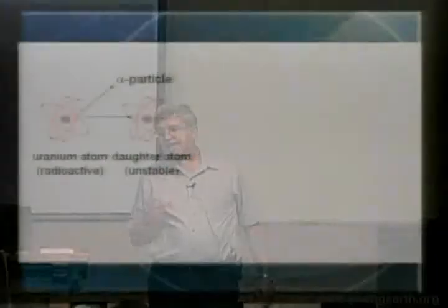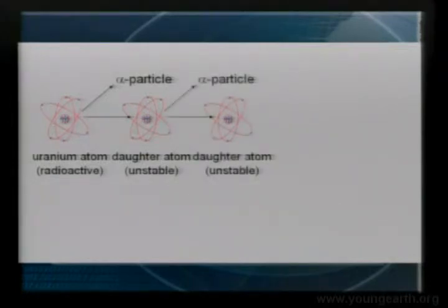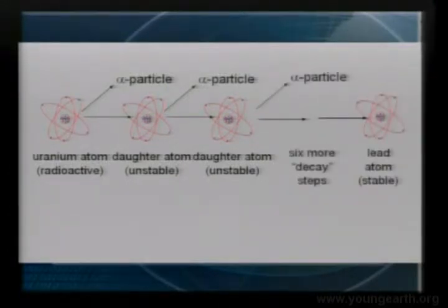Now, not only does this happen once, where the uranium atom is unstable and it ejects an alpha particle to produce a daughter atom, but it happens more than once. The first daughter atom is also unstable, and it ejects another alpha particle and produces another daughter atom. In fact, it happens 8 times before you get down to a stable lead atom.